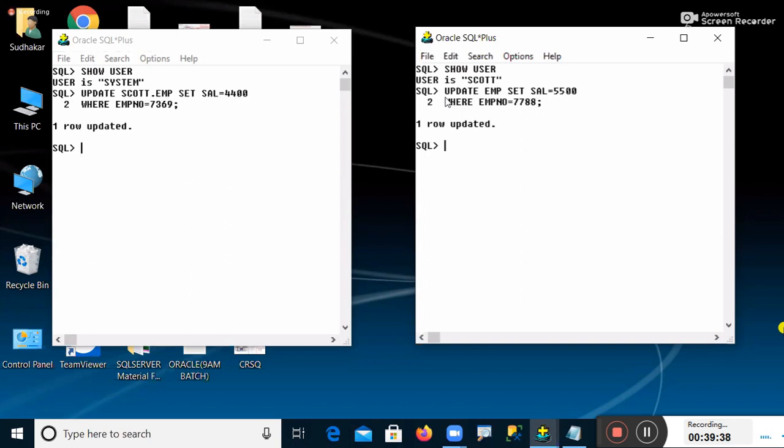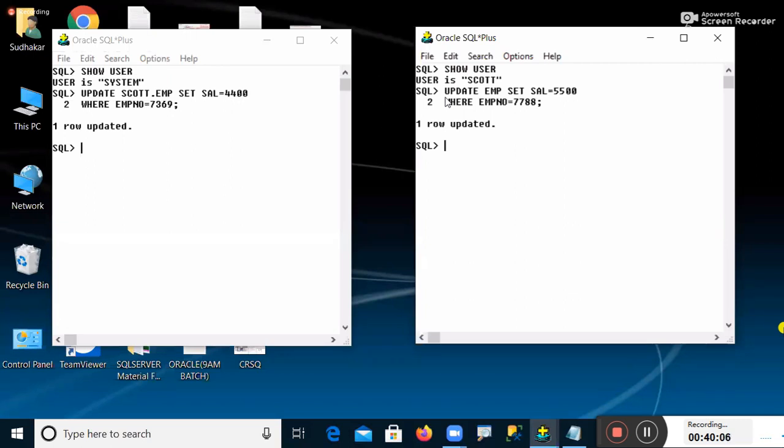Then what happened? The 7369 row is locked, and 7788 is also locked. So two different users performed update operations on two different rows. Every transaction is individual, Scott individual, system individual, on different rows. That's why both are locking.